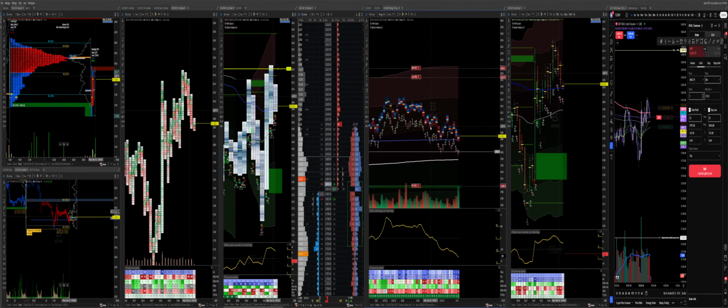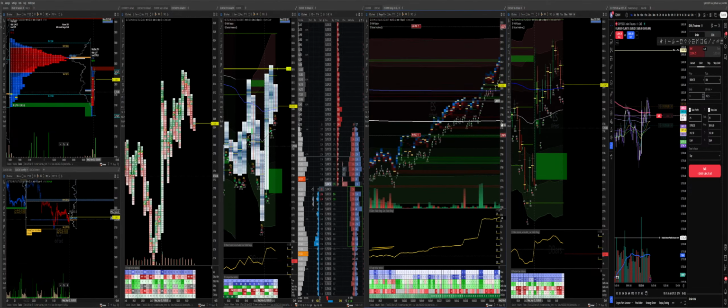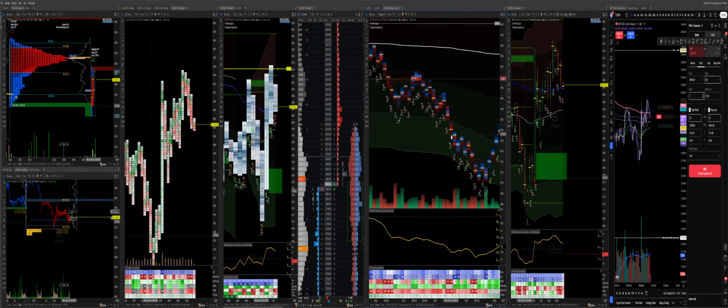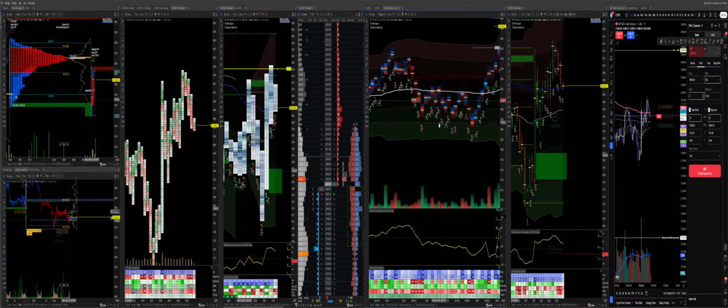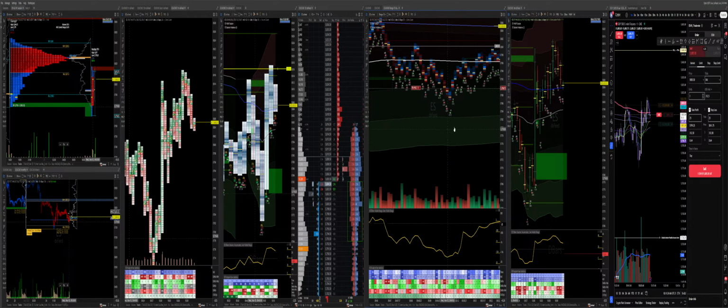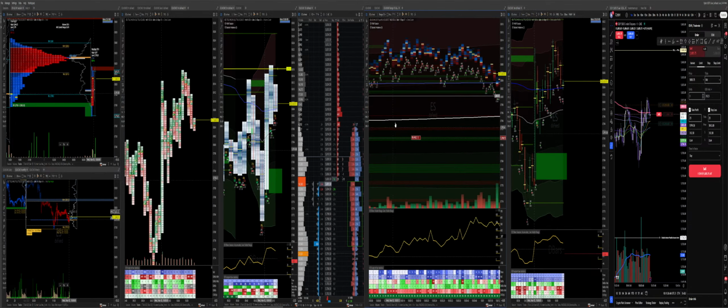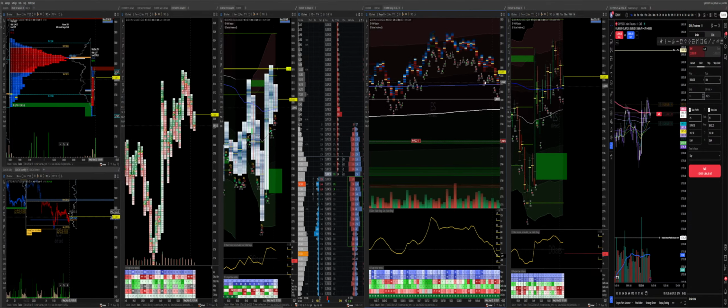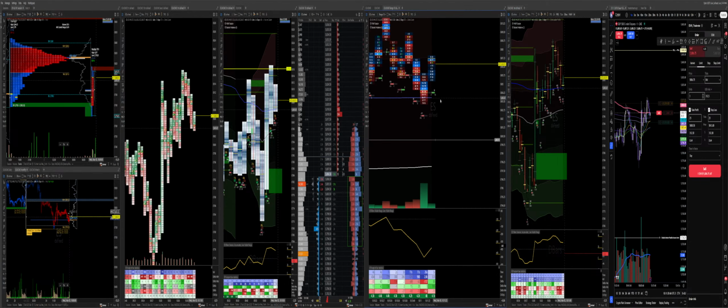See this kind of trading back there. Okay, so for all the volatility, see we're trading normal. I mean, at the same kind of speed, but just the volatility is much higher. I don't enjoy it.